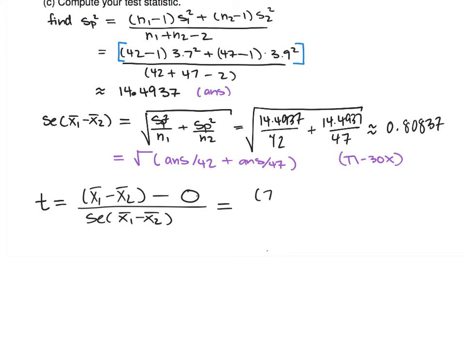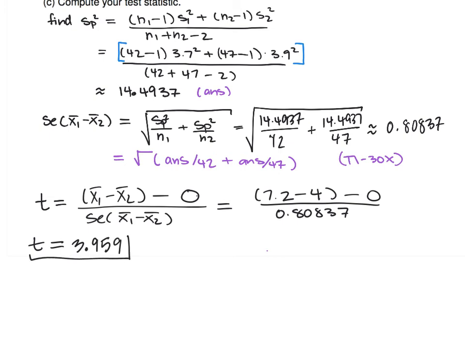So that's 7.2 minus 4 minus 0 over that 0.80837 that I found. And I got that t was equal to 3.959, or 3.96.